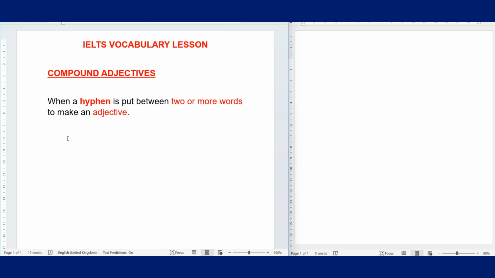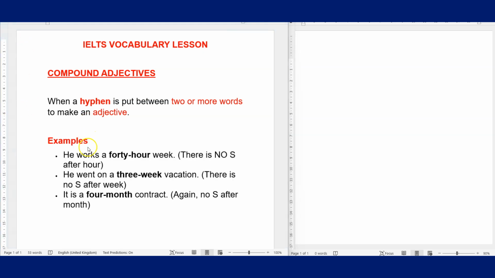So let's look at some examples of compound adjectives that have been used with a period of time. He works a 40-hour week. Okay, so there is no S after the hour. You can't say he works a 40 hours week. This is for someone who works 40 hours per week.